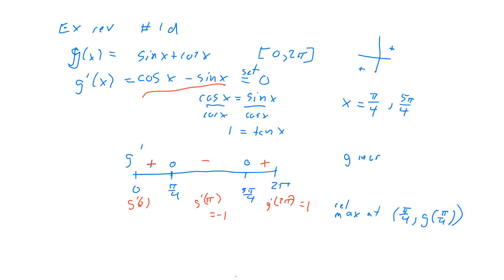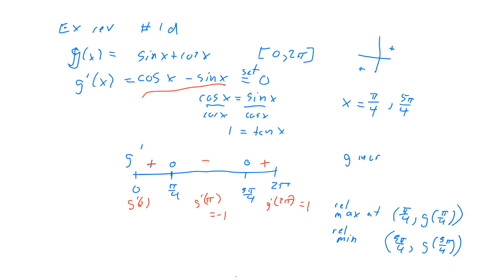You got a relative min. Bingo. And Christian, this is what you were commenting on earlier. You knew how to read that if the derivative is changing from negative to positive at a critical number, then that means that you're going to have a relative minimum. So 5 pi over 4, and then whatever g of 5 pi over 4 is. You'll figure that out using the unit circle.